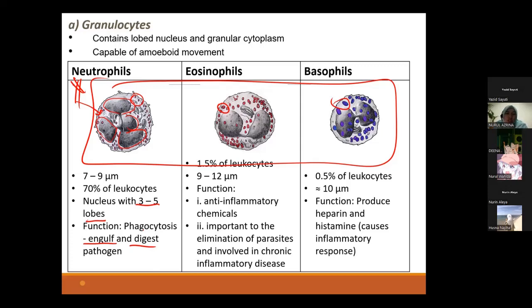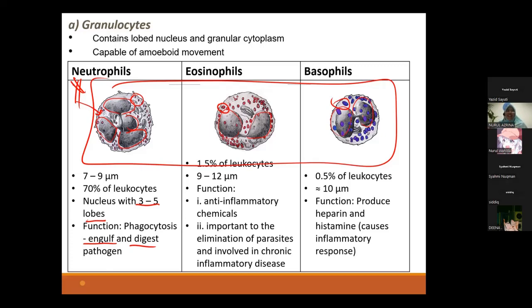As for eosinophil and basophil, how do we differentiate between these two? The number of lobes is the same, two lobes, shaped like a heart. Under the microscope we can differentiate them, but if you are given a picture without color, you cannot differentiate.